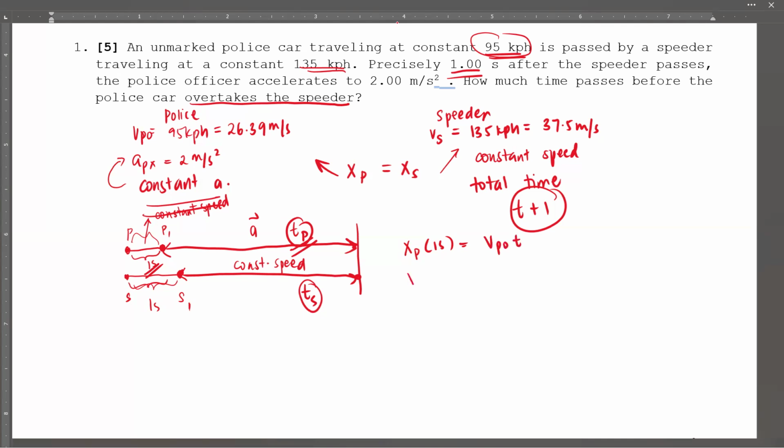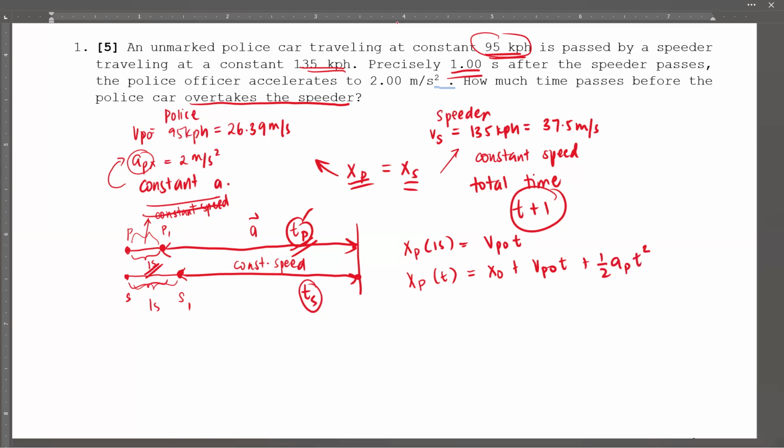Pero after 1 second, at some time later, ang police ay constant acceleration. So, dito na natin gagamitin yung third equation of motion natin, kasi meron tayong a, meron tayong hinahanap na time, and meron tayong assumption na xp is equal to xs. So, dito, x naught plus vp naught t plus 1/2 a of police times t squared.